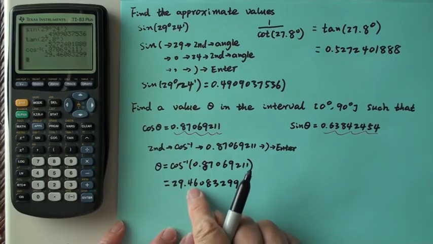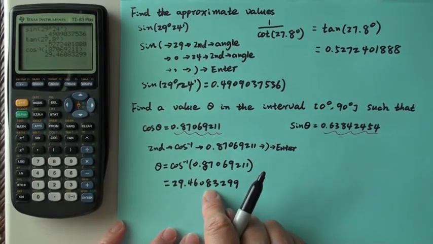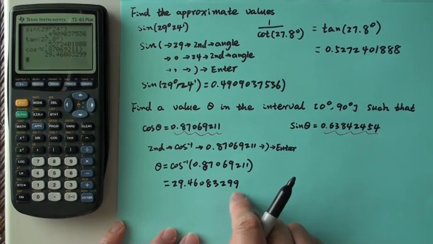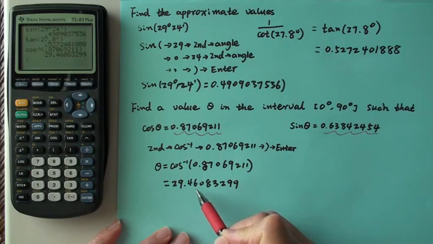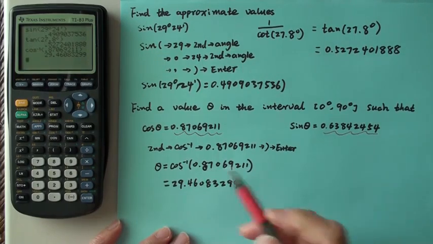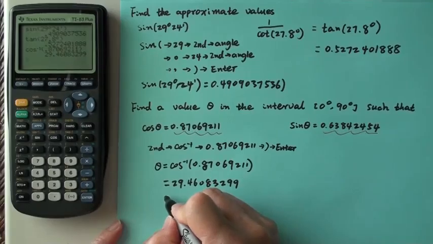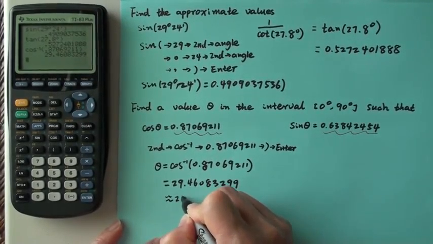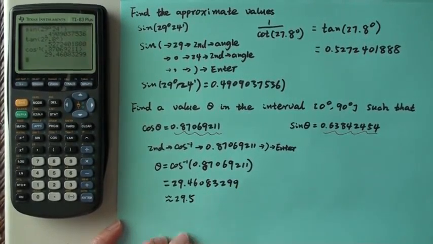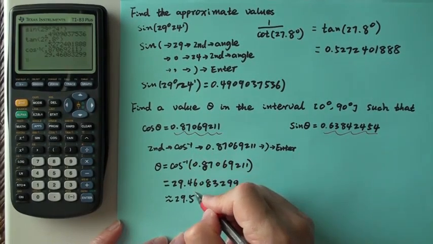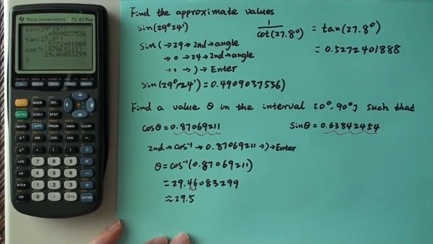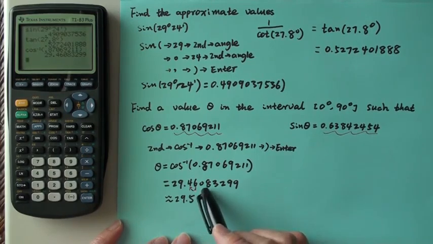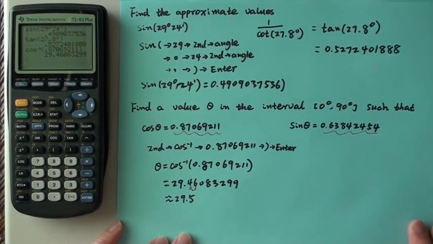If you were required to give 1 decimal place, you round this one up. So you may say that's 29.5. The digit here is greater than 5, so you round it up. It depends on the question how many decimals you need to keep.